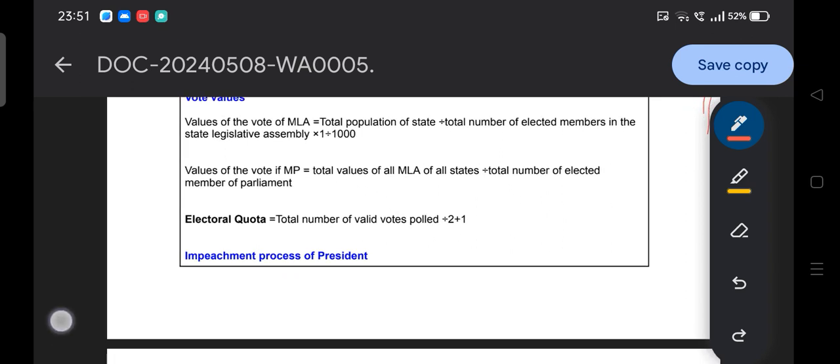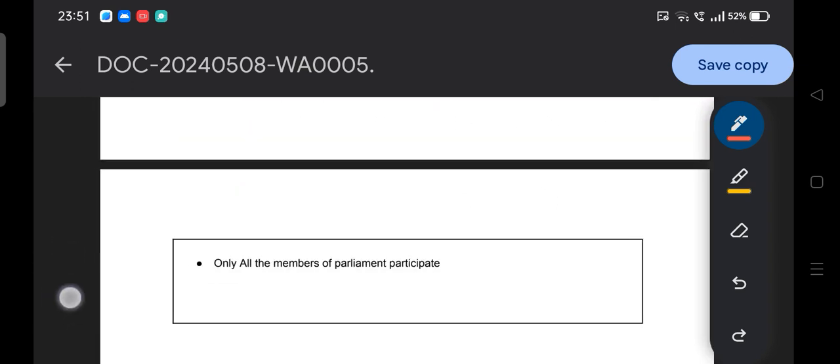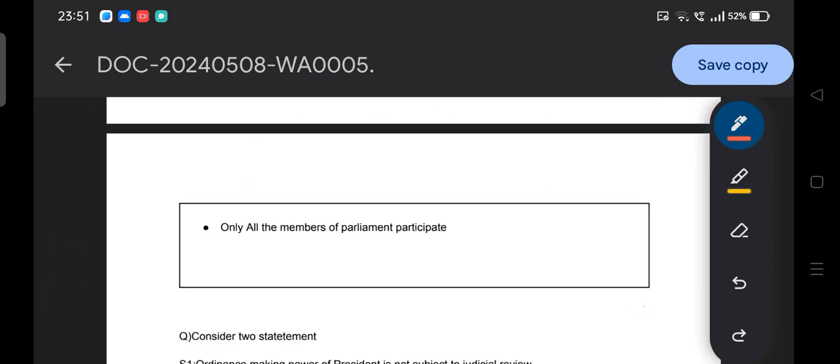Then I am going to let you know the impeachment process of the president. Unlike the election of the president, in the impeachment of the president only members of Parliament participate. Neither the elected members of the state legislative assemblies nor the nominated members of the state legislative assemblies participate. Only all members of Parliament participate.